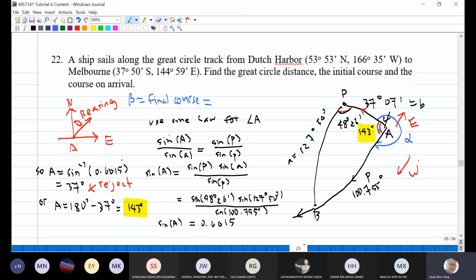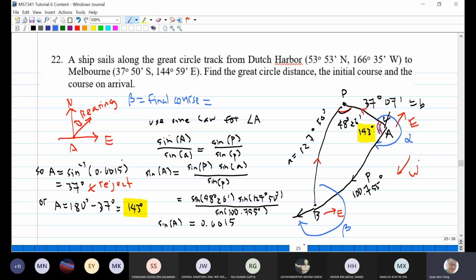Remember, this is the direction to the east. Okay, this is to the North Pole. So the final course in this case is this angle now, beta, the final course, right? The direction it moves. So beta is the final course.